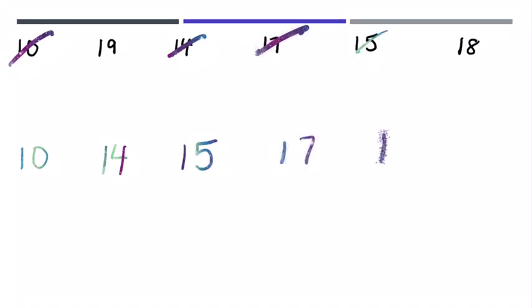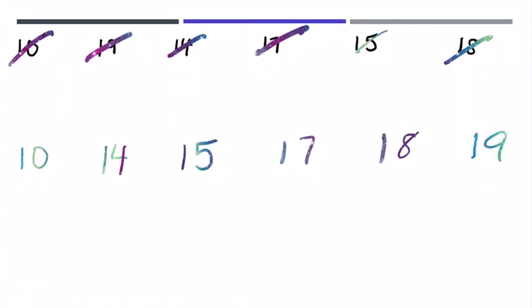Sometimes it won't be quite so simple because you will have an even number of values. So let's try again. Let's write them into order first. So 10 is the smallest, then it's 14, then 15, then 17, then 18, and then 19.